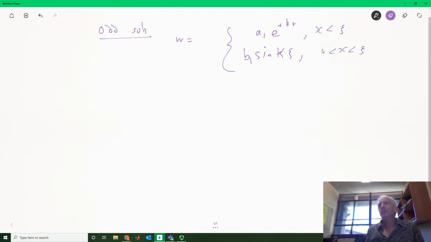The kappa has the same formula for even or odd, and then we get minus A1 e to the minus kx for x is greater than zeta. So this is the odd solution.